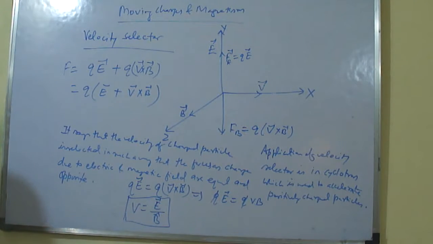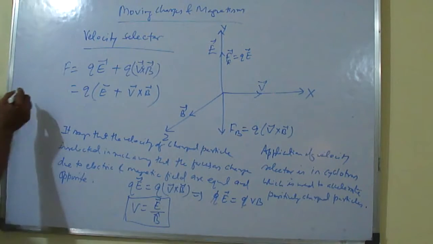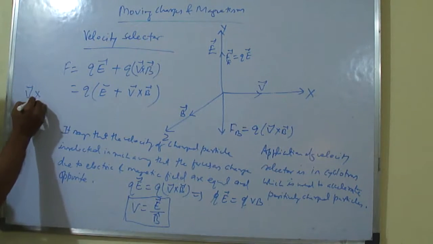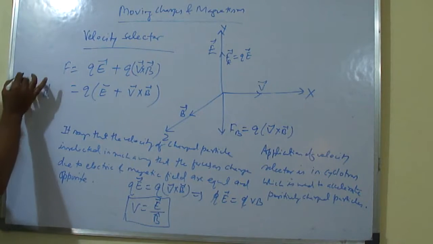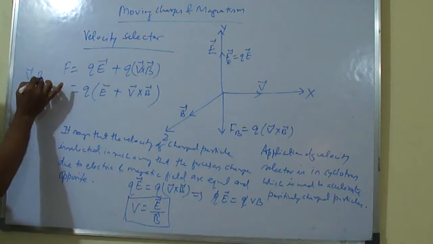Sir, if you cross multiply two vectors, you will get sin theta. If you divide two vectors, you will get something? Dividing two vectors, you will get some angle? How will you get it? You need an angle only when you have two vectors, in a cross product or dot product of two vectors.